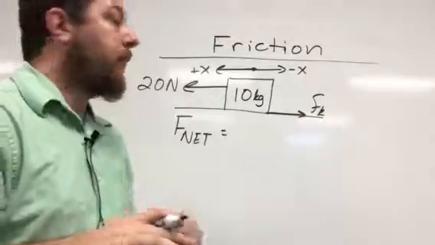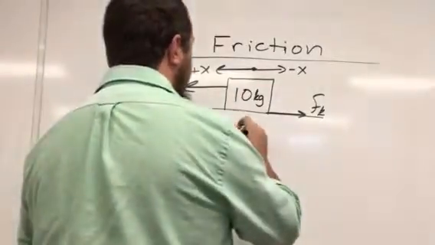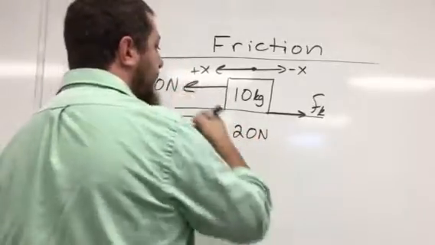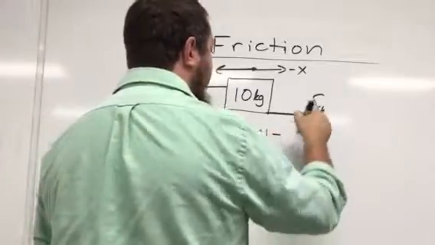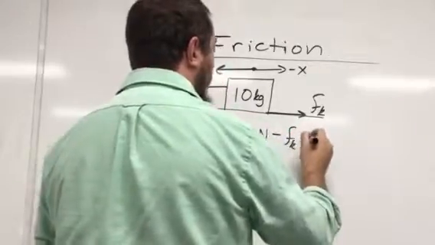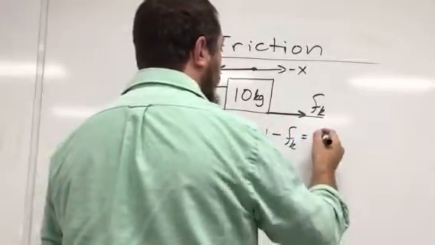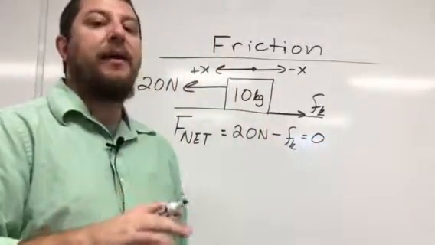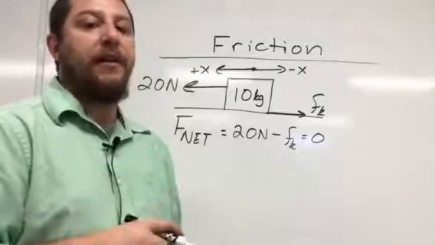Friction, whenever you're moving, will always oppose your motion, so it will always act in the opposite direction. Okay, and so this means that I'm going to have 20 newtons acting in the positive x direction minus my force of friction in the negative x direction, and this is going to be equal to 0 because the velocity is constant. Again, anytime you have constant velocity, your acceleration is 0.